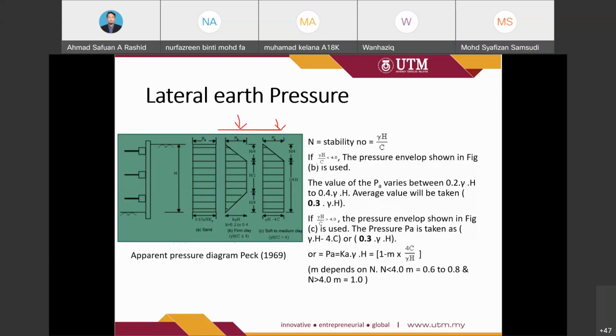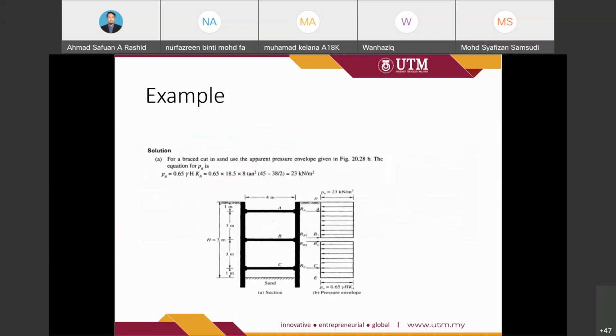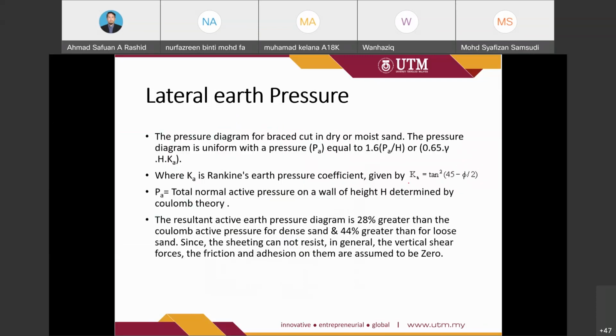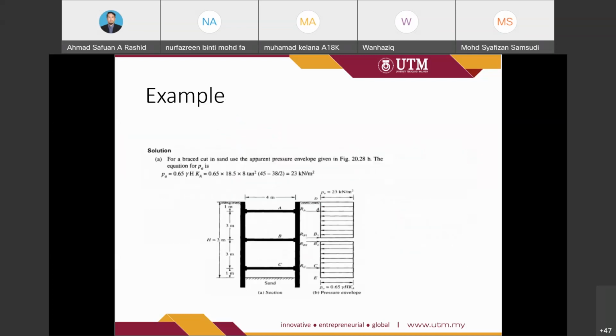By using the sand diagram, we may calculate the pressure acting on the wall. So 0.65 times gamma times H times Ka. Ka we can get from this value, with phi equal to 38.